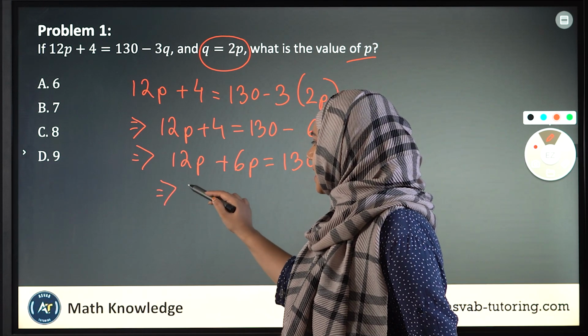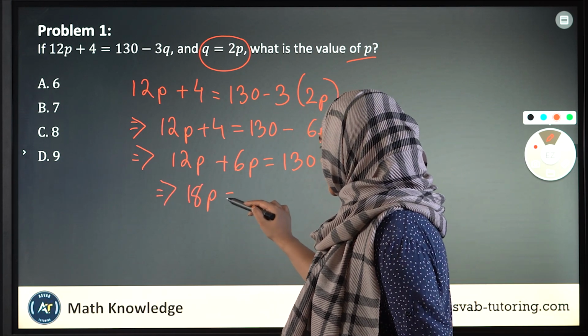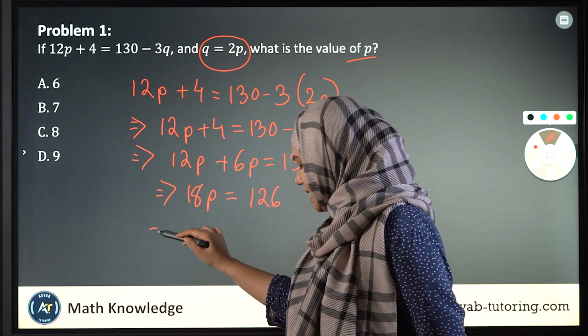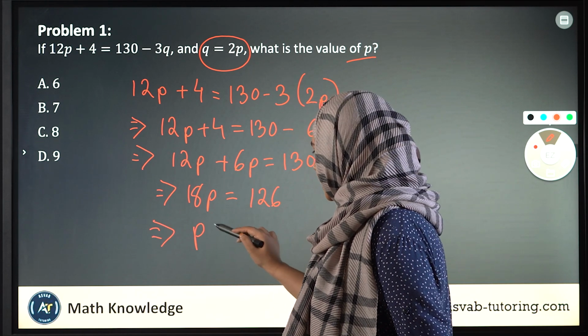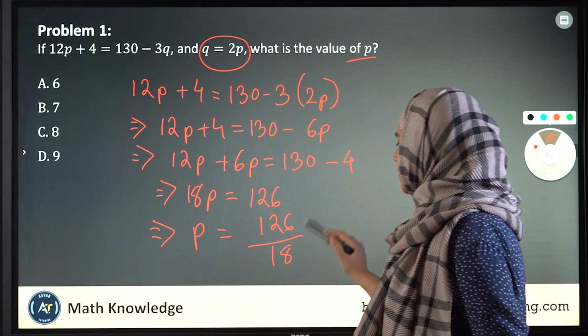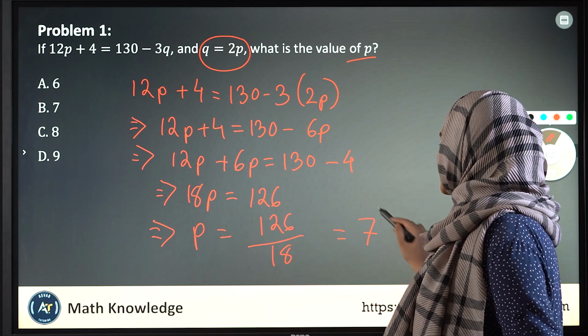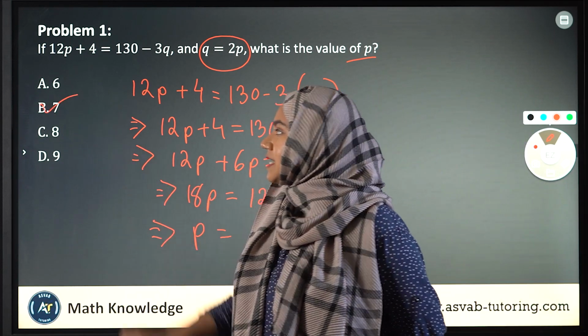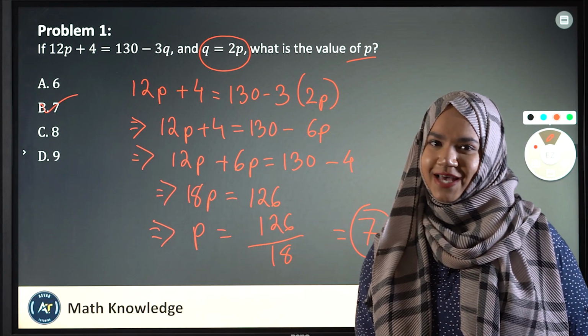So that makes 18p equals 130 minus 4, which is 126. If I do that, p equals 126 over 18. If you simplify it, it's going to be 7. Hope you got this one right, which means that the correct answer for this is B, 7.